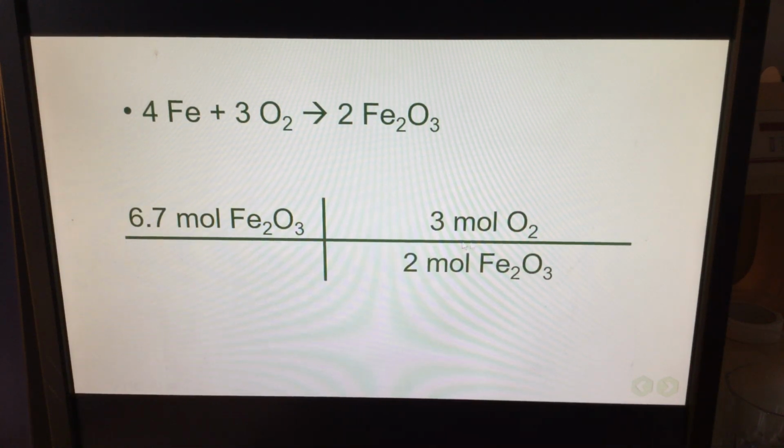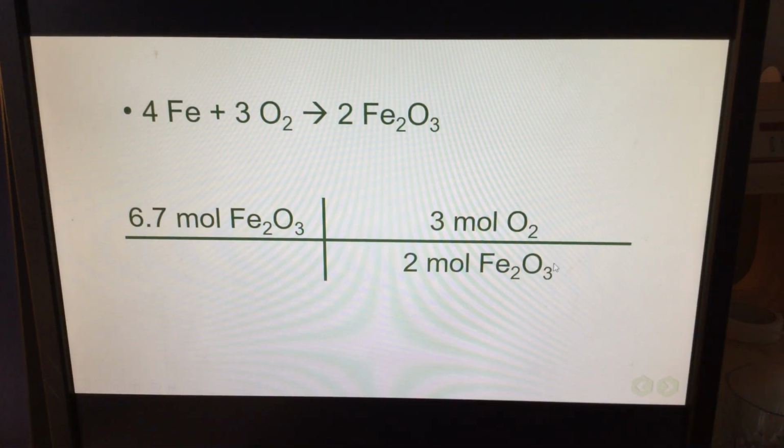Okay, how much oxygen would be used up in the reaction? Well, we write our conversion factor right here. 2 moles of iron oxide are made from 3 moles of oxygen. We want our iron oxide to cancel out, so we need to put iron oxide on the bottom, because we want to find out about the oxygen.